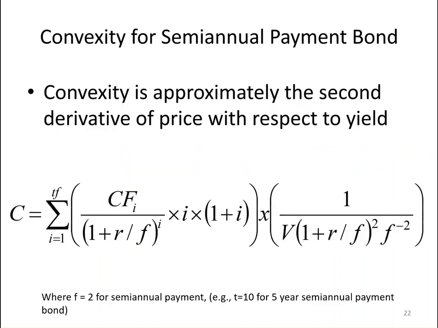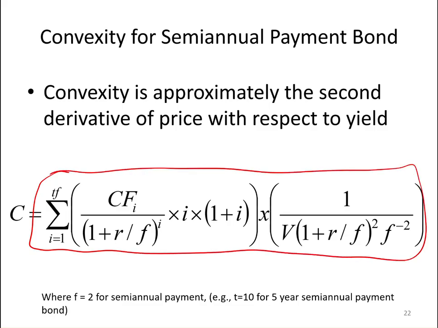All right, so how do I get convexity of a bond? Well, if you think of duration as the first derivative of price with respect to yield, convexity you can think of as the second derivative. It's how duration is changing. It's how the slope is changing. The actual function is this.